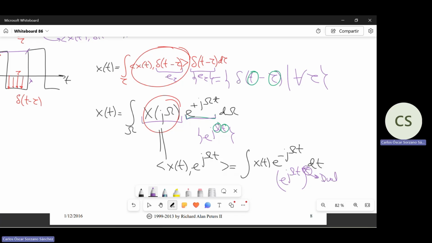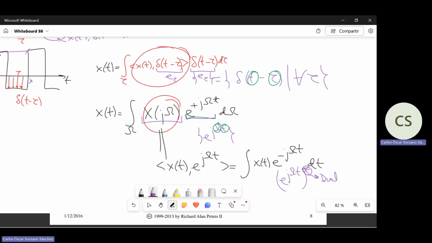If this is the reconstruction formula, this has to be the Fourier coefficient. The Fourier coefficient has to be the inner product between the two, and this is just the definition of the inner product. Actually, this one is also the dual of itself.